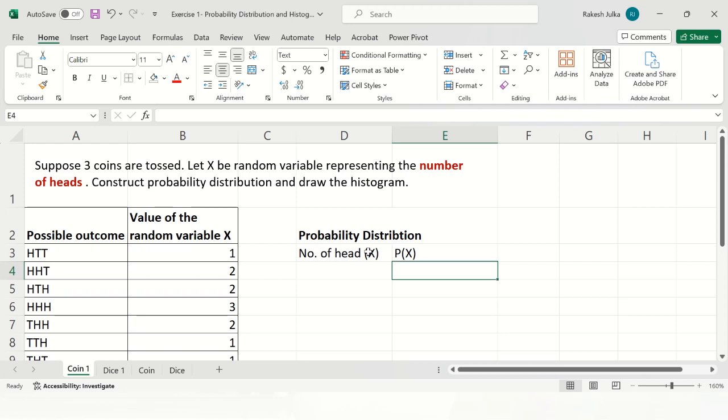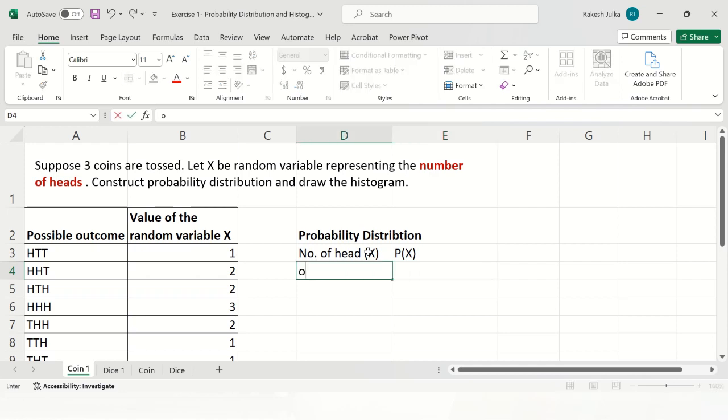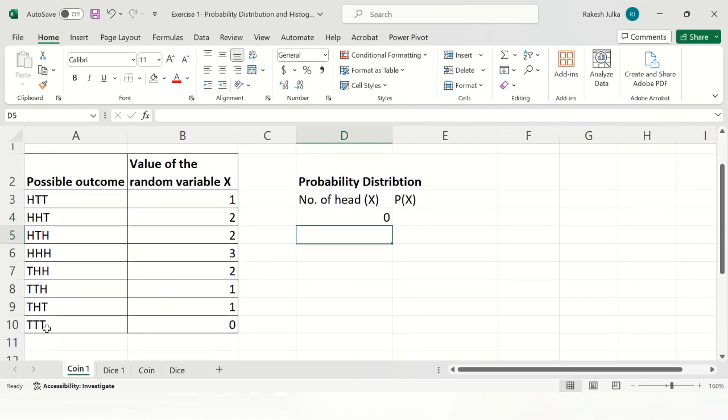So if we talk about x, 0, the outcome should be head, so maybe 0 possibilities. Then the values are 0, then 1, and then 2 and 3.